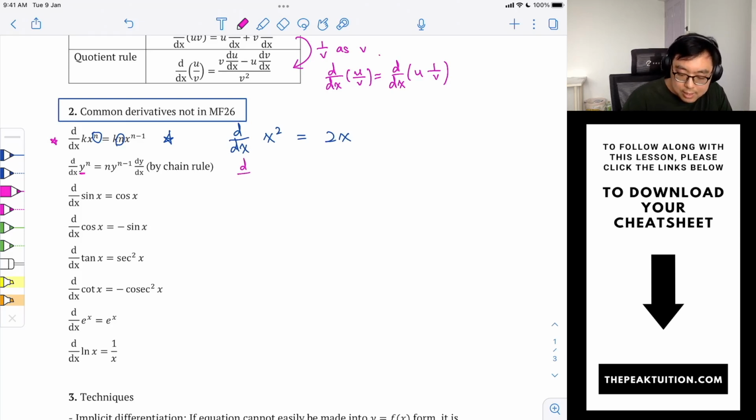So d dx of y^n is equal to d y^n dy multiplied by dy dx, and this will be n y^(n-1) multiplied by dy dx.